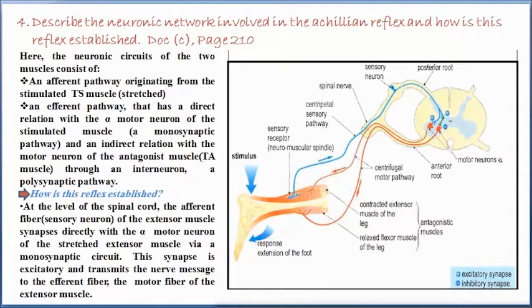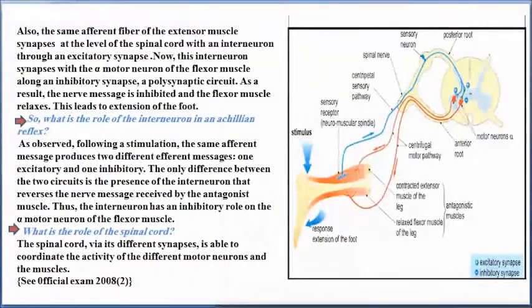contract. Also, the same afferent fiber of the extensor muscle is going to synapse at the level of the spinal cord with the interneuron through an excitatory synapse. Now this interneuron synapses with the alpha motor neuron of the flexor muscle along an inhibitory synapse, which is a polysynaptic circuit, as we said.